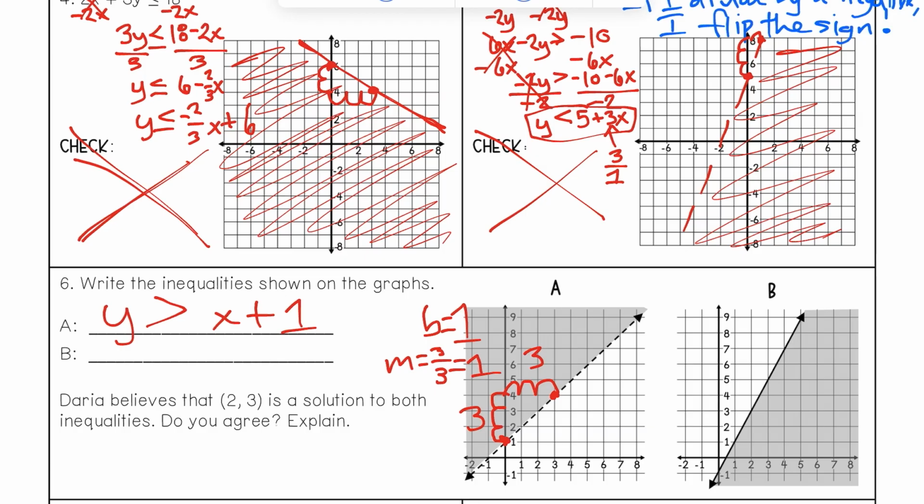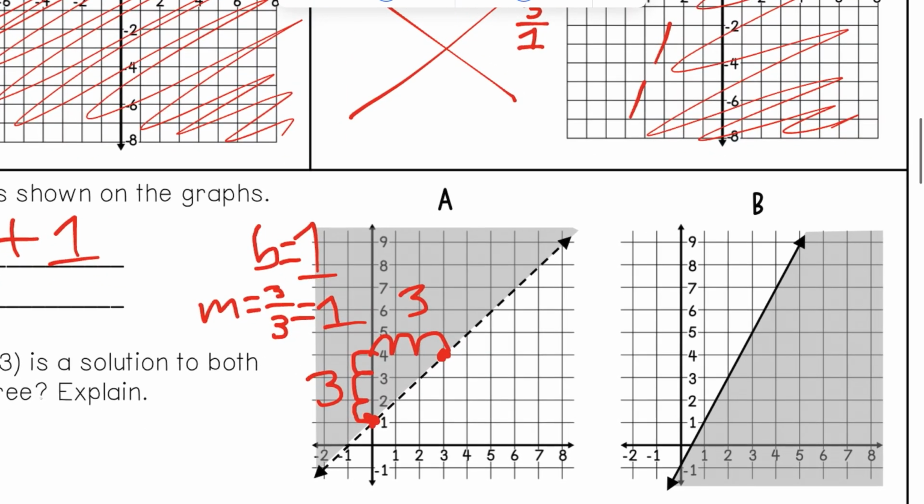And then for my second one, my b, excuse me. So again, what's my y-intercept? Well, my y-intercept is at -1. So let's do -1 for b, and m. Let's rise and run to a new point. I like this one.